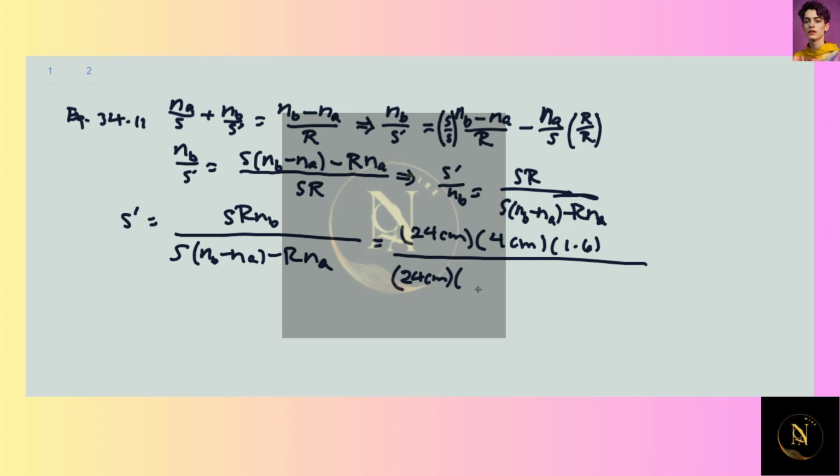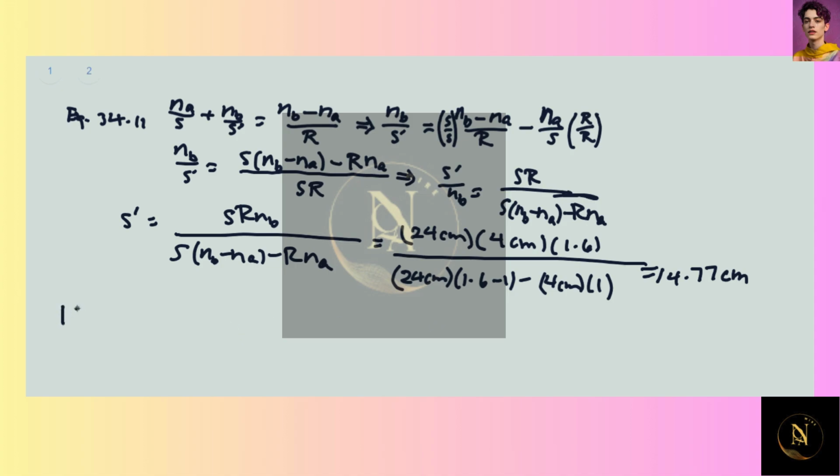And then Nb minus Na is 1.6 minus 1, minus R, which is 4 centimeters, and Na, which is just 1. And so when we just compute this, we get 14.77 centimeters.